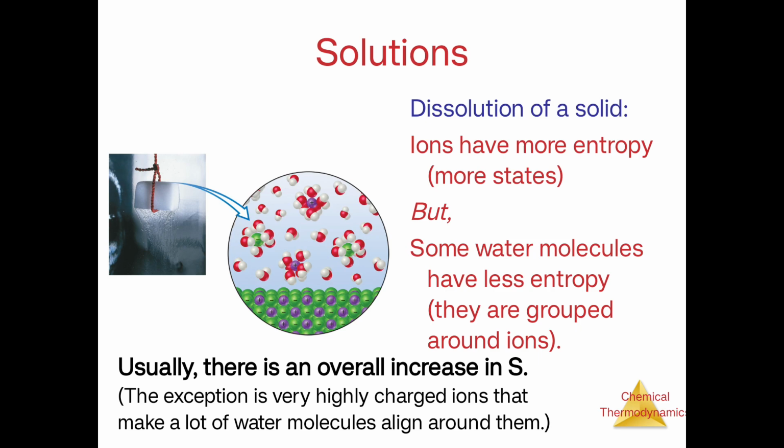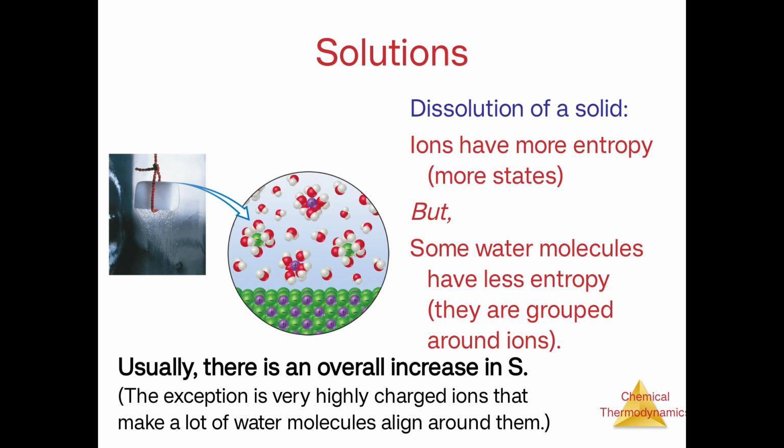That's what is shown in our diagram or figure. So usually there is an overall increase in entropy. The exception is very highly charged ions that make a lot of water molecules align around them. These are all exceptional cases. Generally the ions have more entropy because of their more states in nature.